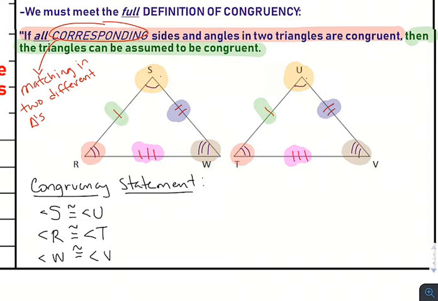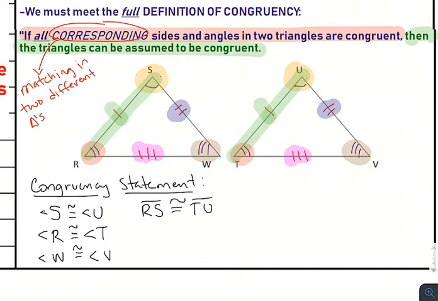Okay? Now we should also deal with the side lengths. So we can't just name angles, we should think about side lengths. And so we have the two corresponding sides, and we have to use geometric notation here. So we have the side length RS as a segment, congruent to TU.